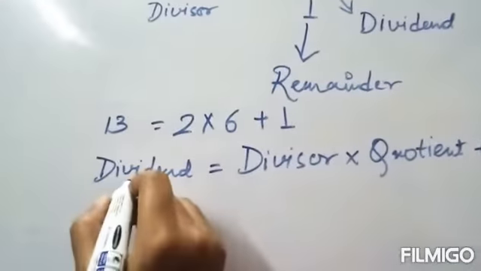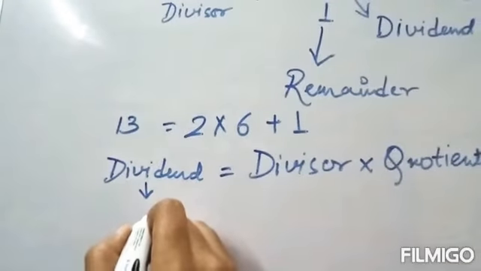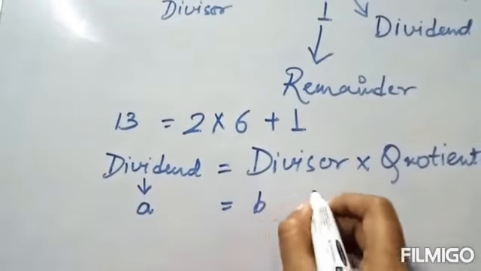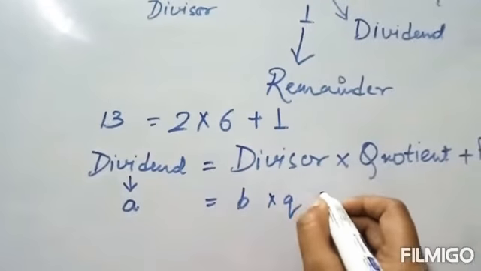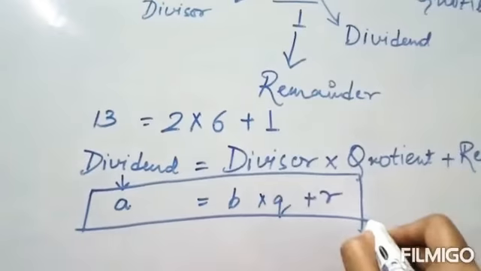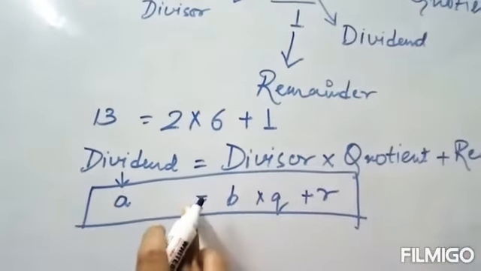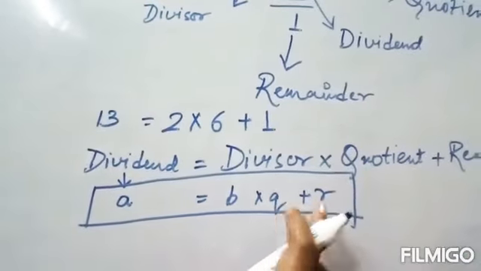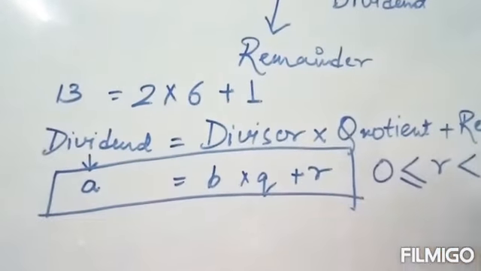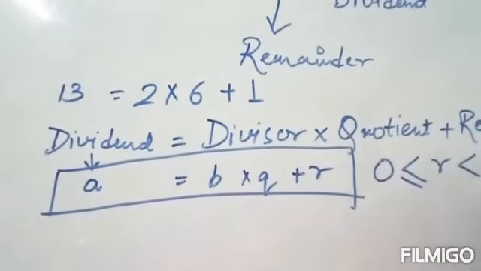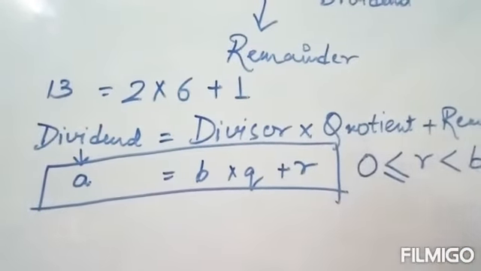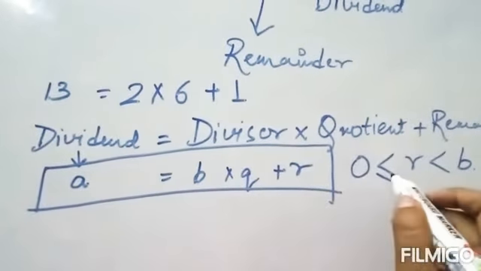Now, if I consider this dividend as A, and this divisor as B, quotient as Q, and remainder as R, then I get one formula, that is A is equal to BQ plus R, where R is greater than or equal to 0 and less than B. Why is R less than B but greater than or equal to 0?